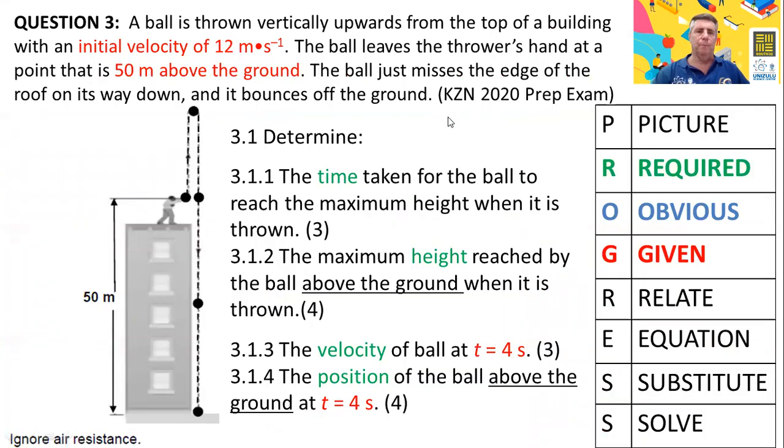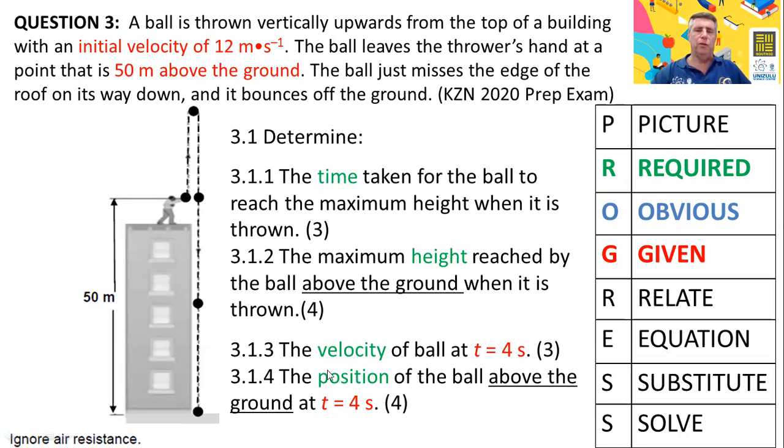So here's the question. A ball is thrown vertically upwards from the top of a building with an initial velocity of 12 meters per second. The ball leaves the thrower's hand at a point that's 50 meters above the ground. The ball just misses the edge of the roof on its way down and falls to the ground where it bounces.